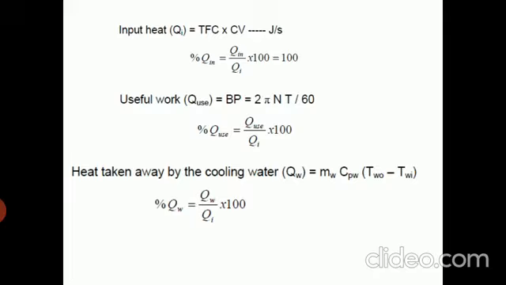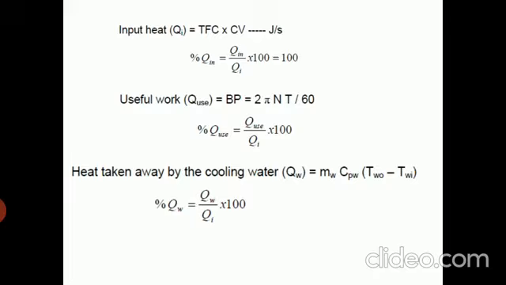Brake power will be the useful power output. With the help of this expression, you can easily find the percentage of useful power output: Q_BP by Q_input into 100, that is used to calculate energy that is converted into useful form.